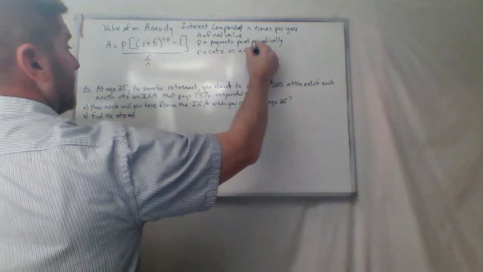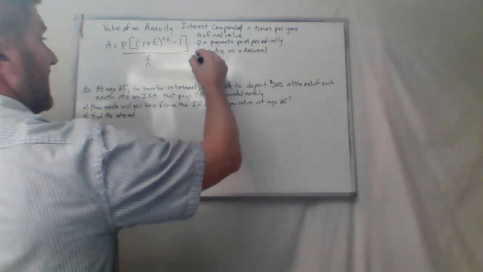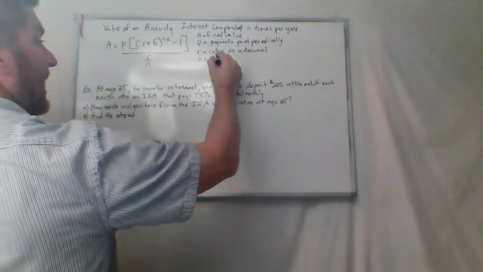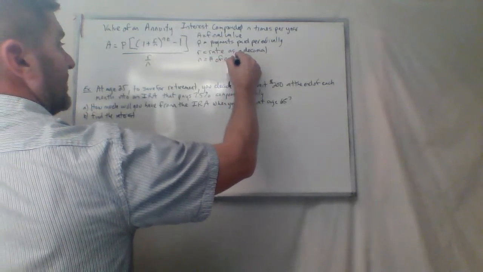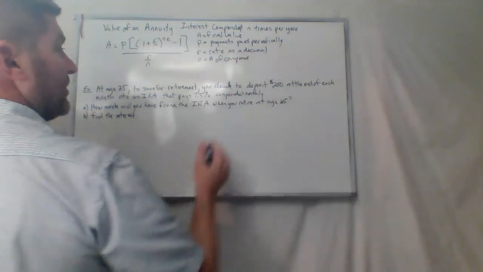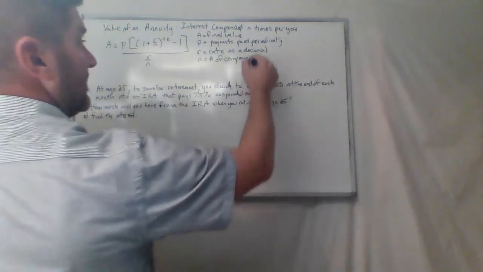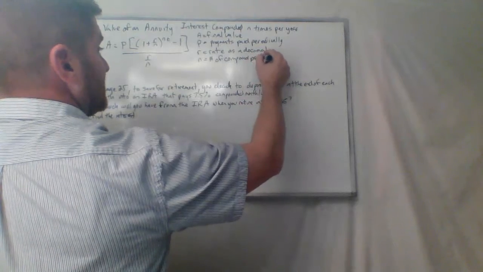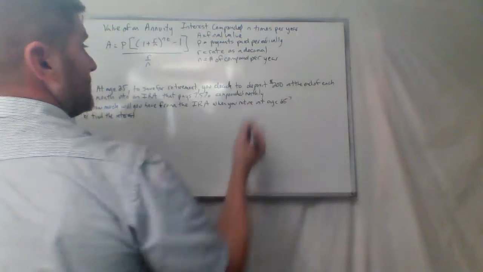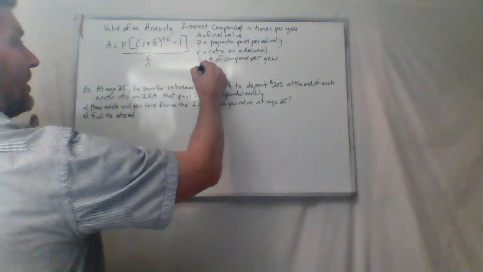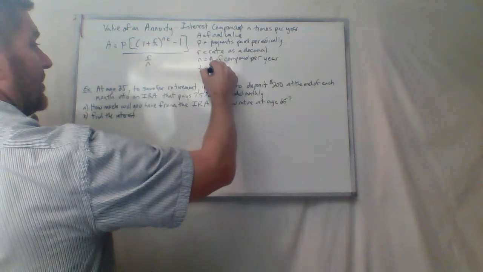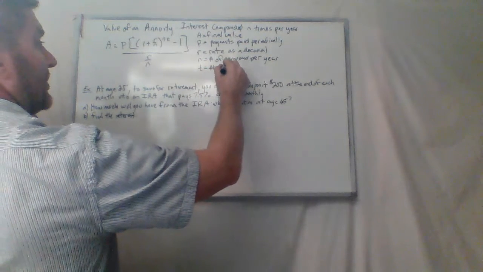So you got to know how to convert a percent to a decimal. N is the number of compoundings a year. Like, how often is this rate being applied? In this case, it's compounded monthly. So if it's compounded monthly, how many times a year is that? That would be 12. And T is the number of years you're going to invest for.